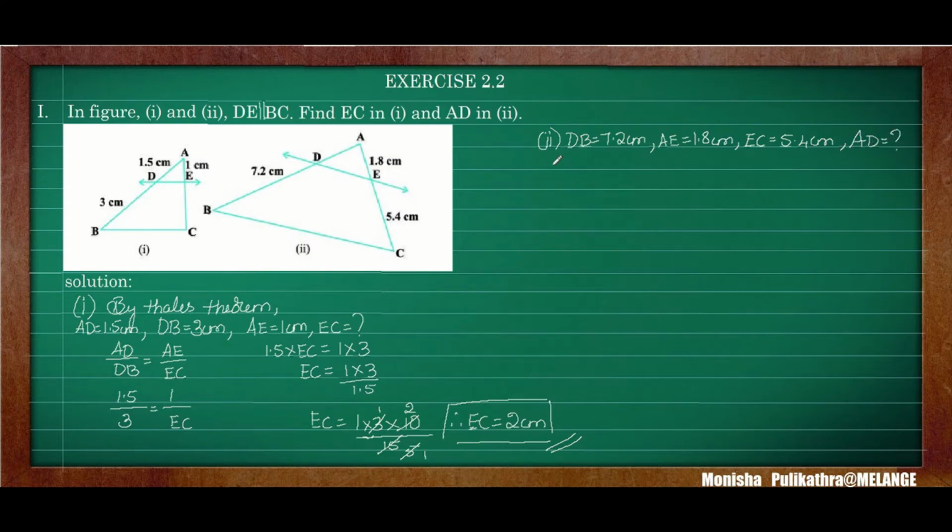Again by applying Thales theorem, we need to write the ratios. AD by DB is equal to AE by EC. The value of AD we need to find out, so write as it is. AD divided by DB is 7.2 is equal to AE is 1.8 divided by EC is 5.4.